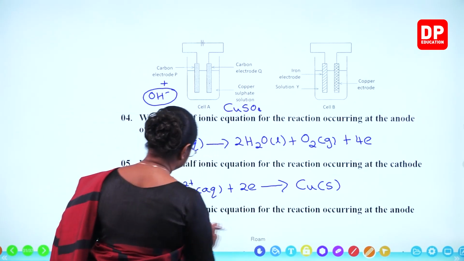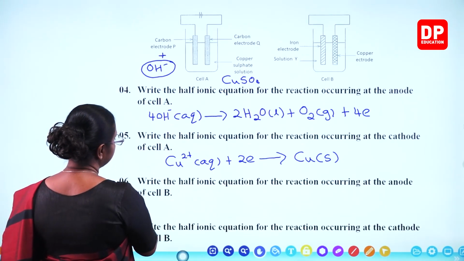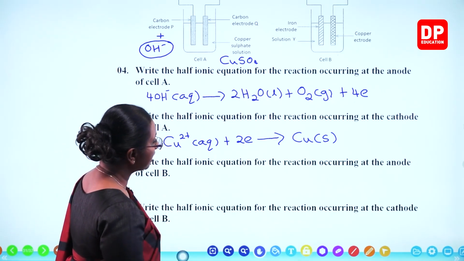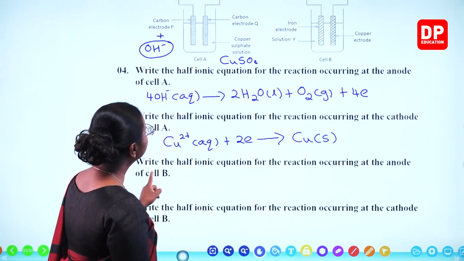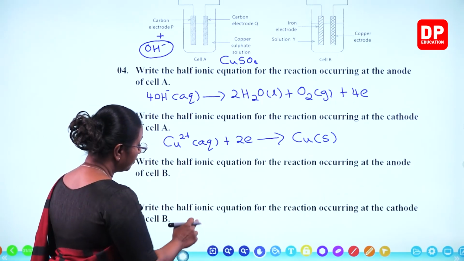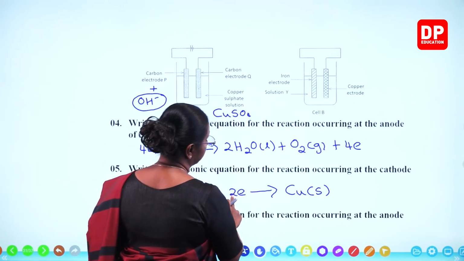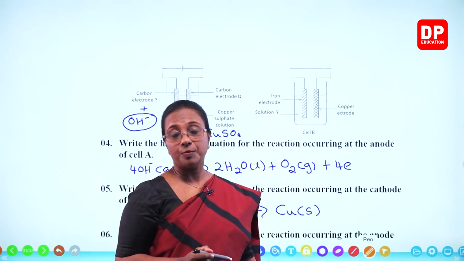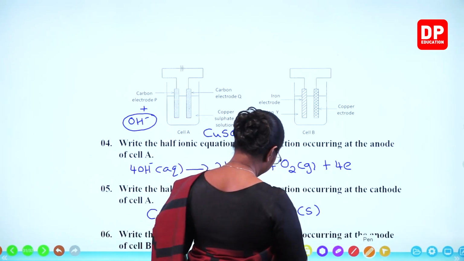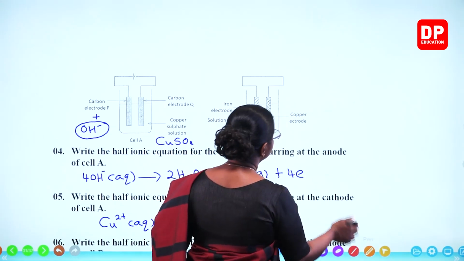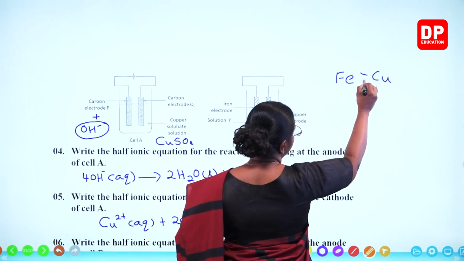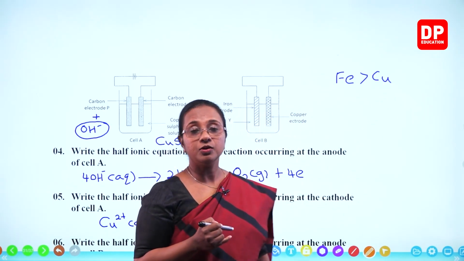Then you can see, write the half ionic equation for the reaction occurring at the anode of cell B. Now if you take cell B, we have iron and copper. So you can remember, students, if we take these metals, iron and copper, you all know iron is more reactive than copper.